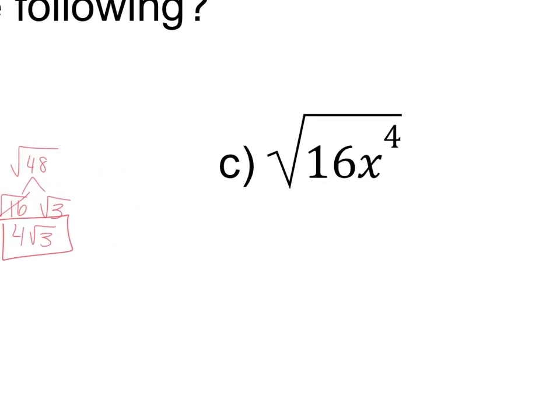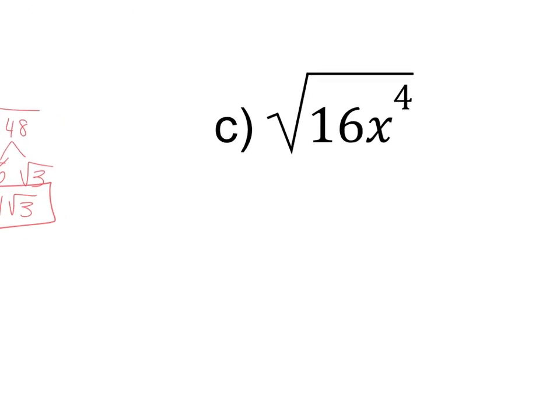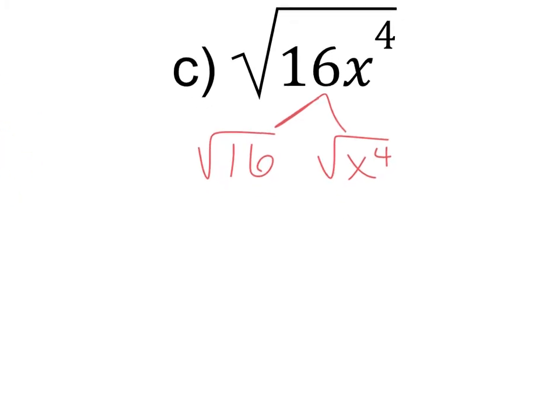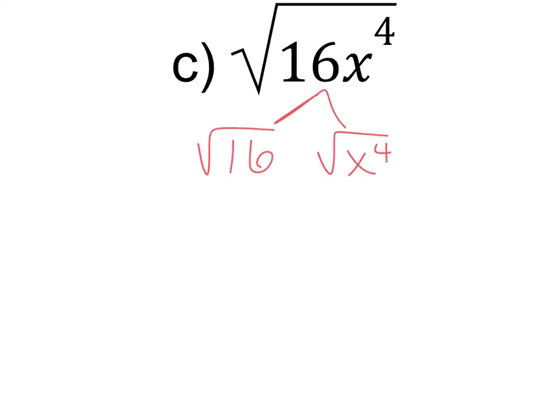Now, don't freak out. I gave you a number and a variable. This breaks up into the square root of 16 and the square root of x to the 4th, right? The square root of 16, that's easy. That's 4.